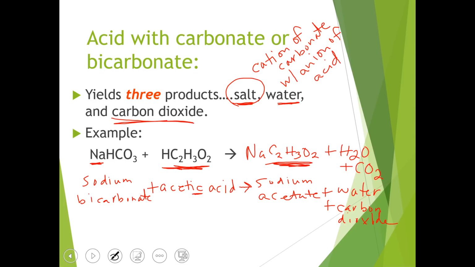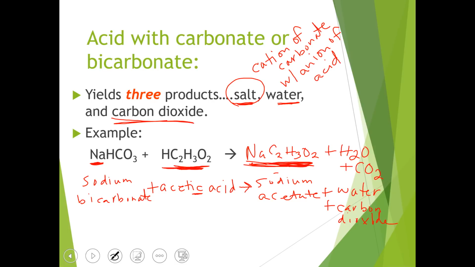Likewise, the salt could be different. For example, if I had potassium bicarbonate, this would be potassium acetate. If I had calcium carbonate, this would be calcium acetate. So whatever your cation is, whatever your anion is, that ends up making the salt. And the other two products are always water and carbon dioxide.